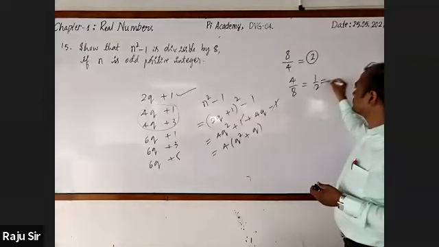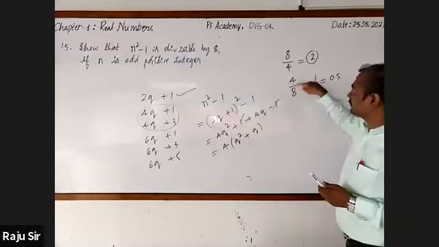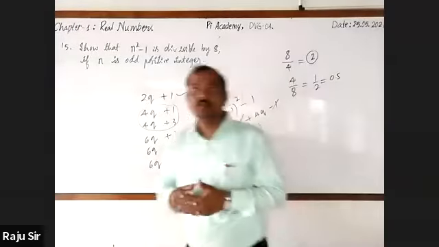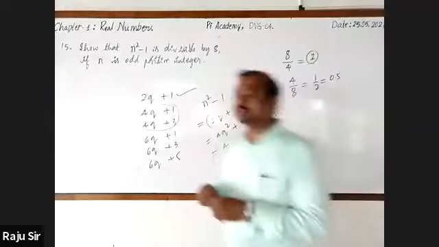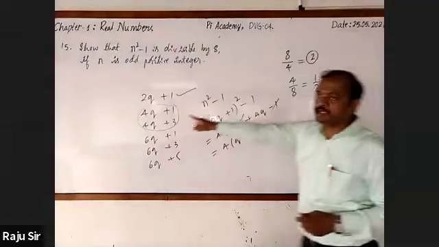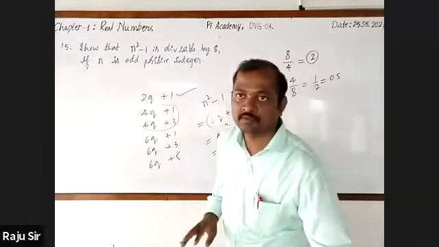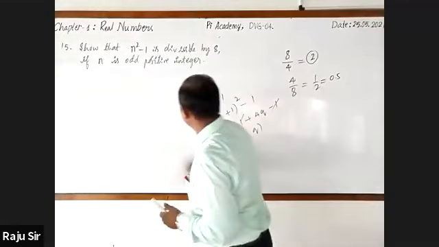Of course, it has the decimal form 0.5. Then do you say that 4 is completely divisible by 8? No, sir. But it can be expressed in the simplest form. Here also. That is why I go for taking 4q plus 1 and 4q plus 3.